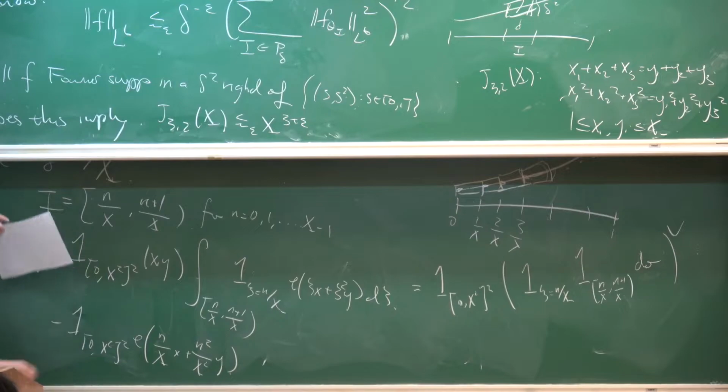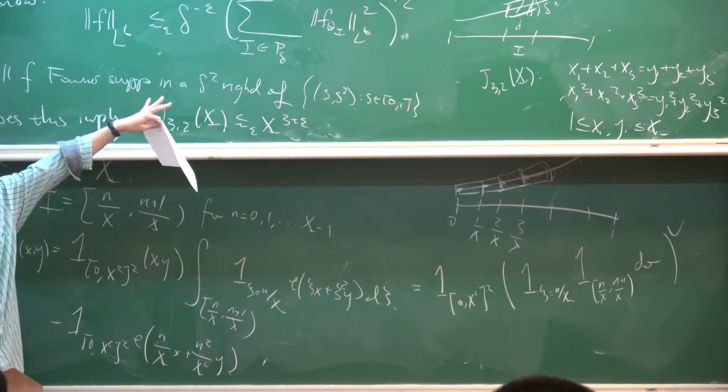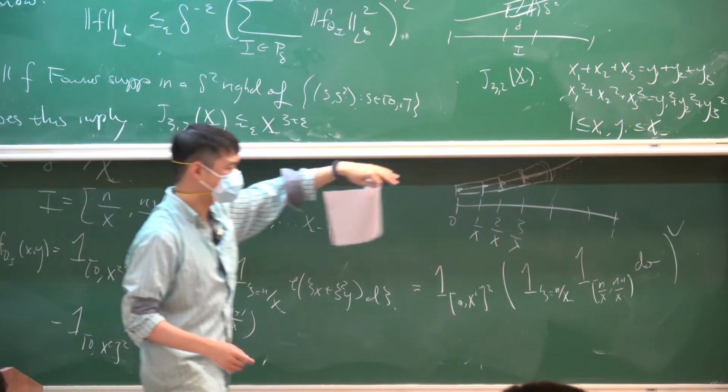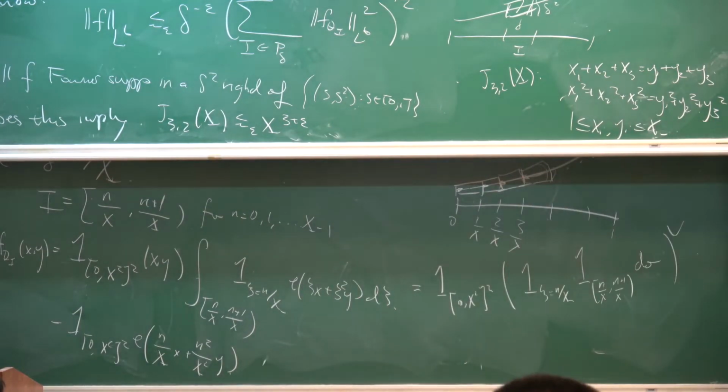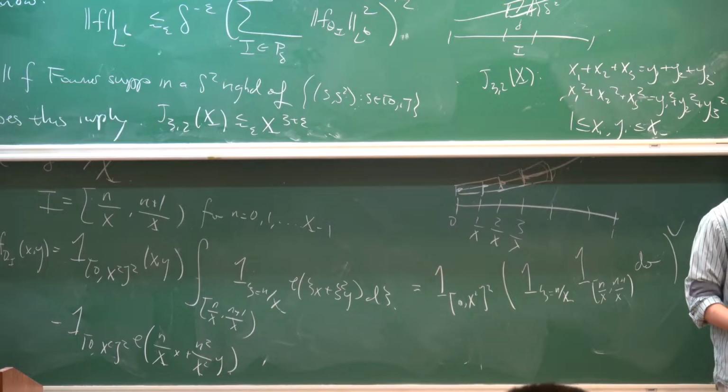And so if you plug this into this inequality over here, and you do a bunch of change of variables, you'll quickly see that you're going to get the right-hand side when s is 3 and k is 2. So you do some change of variables. Okay, and you're going to get the right estimate. Okay? Are there any questions?